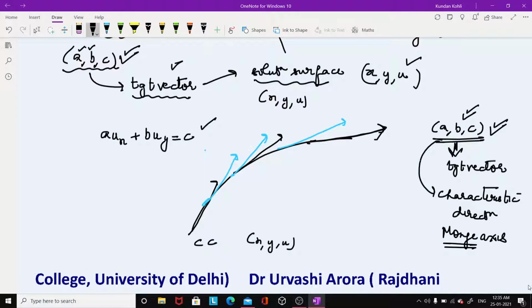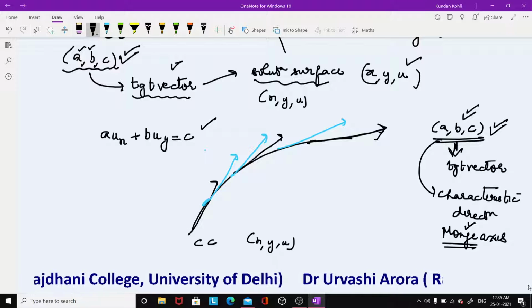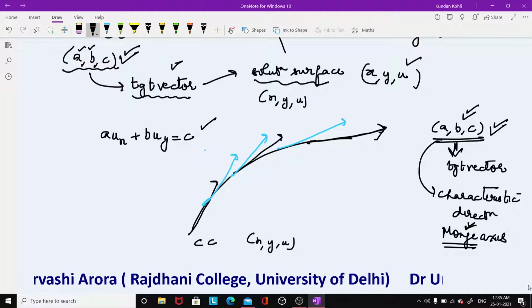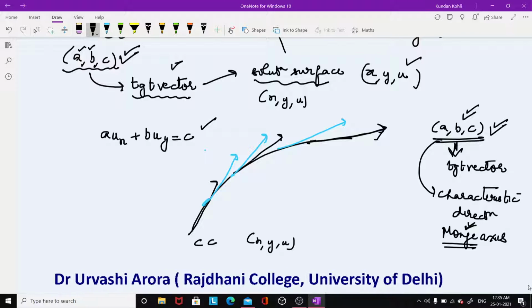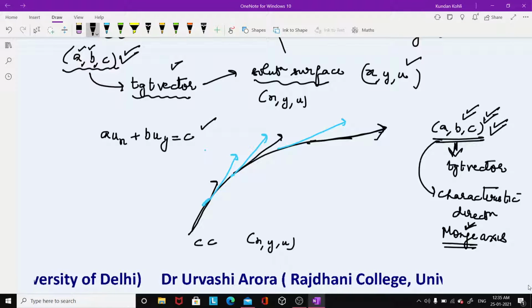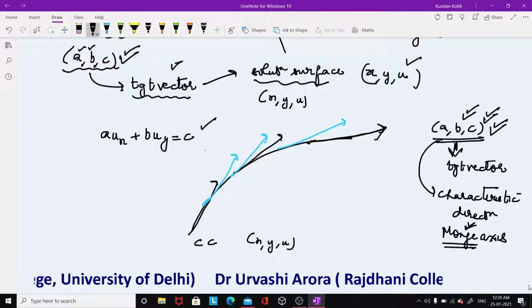Because it is a proper noun, it can be pronounced in any way, whether Monge or Mong, but basically this tangent vector determines a particular direction, and that direction is called the characteristic direction.